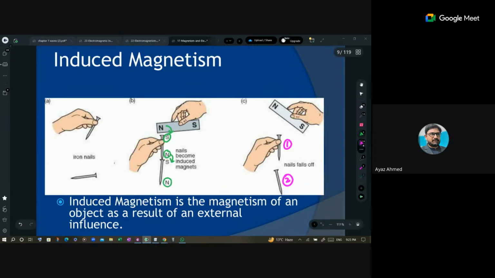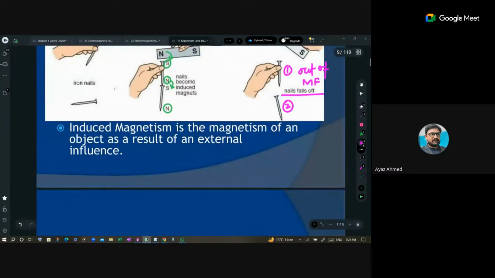I mean, head is north, head is south, tail is north. Now I was explaining that I have removed this magnet. It means now this nail number one is out of the magnetic field. So when it is out of the magnetic field, it no longer has induced poles, so it releases nail 2, it falls off.